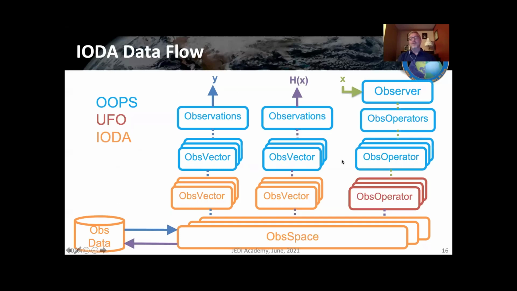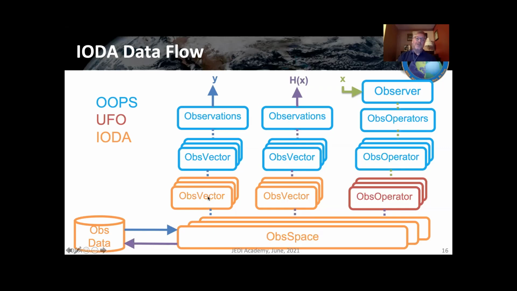So this is a picture of what that looks like. There's this thing up at the top, the observer, which takes the model state X and runs the obs operators on it. These are lists of different types of obs operators, so they go through and do their own thing. They create an h of x value that gets stored in the obs space, and you can create an obs vector out of the h of x and send that on to the OOPS system and the DA algorithm.